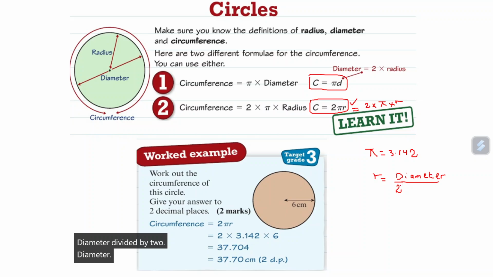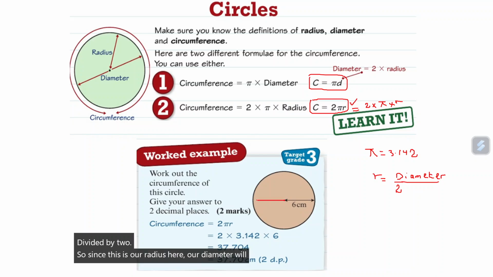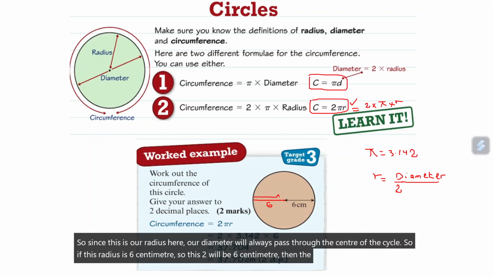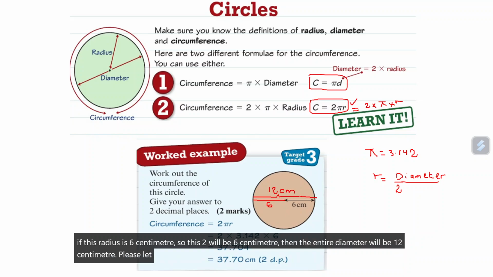Since this is our radius here, our diameter will always pass through the center of the circle. So if this radius is 6 centimeters, so this too will be 6 centimeters, then the entire diameter will be 12 centimeters. Please let my learners or viewers take note of this.